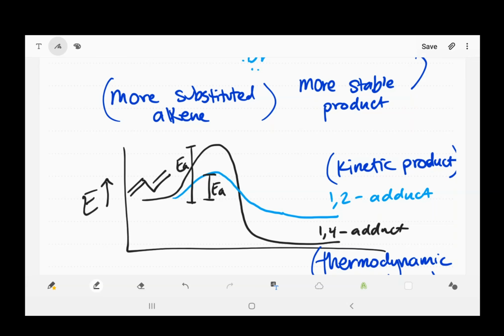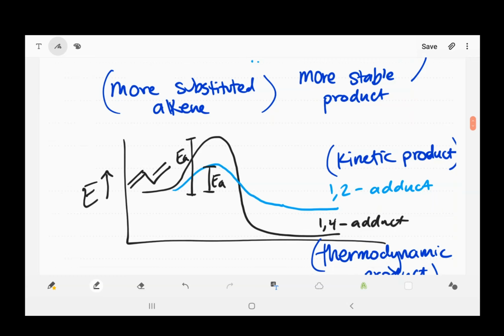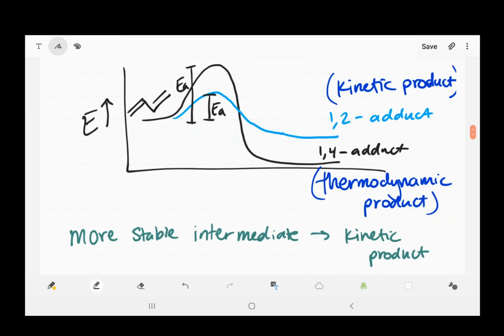We might say this has something to do with equilibrium as well. At low temperatures, let's see if we can remember some 102 stuff here.